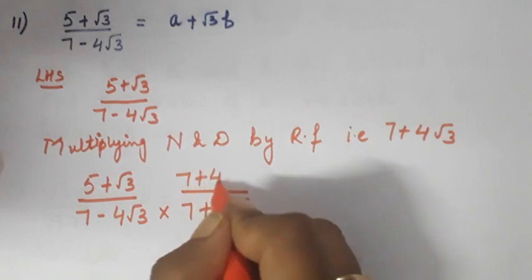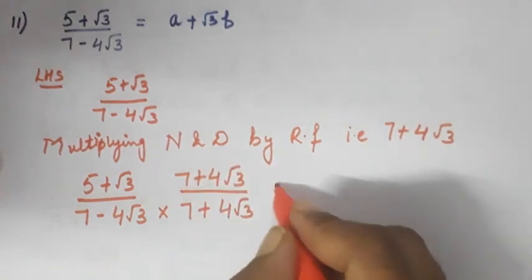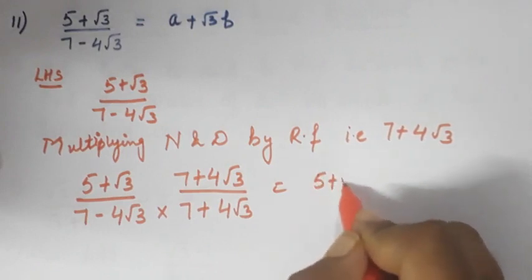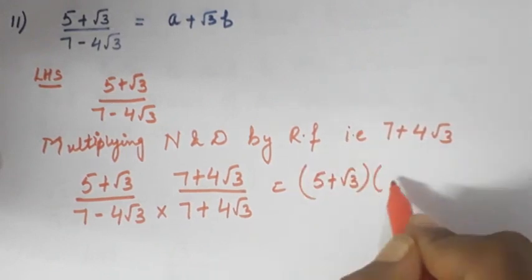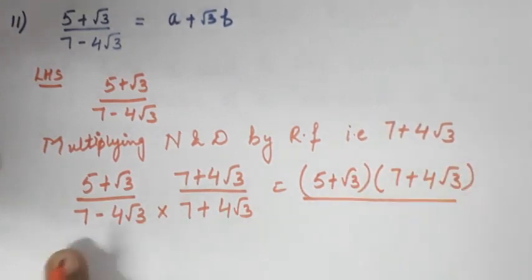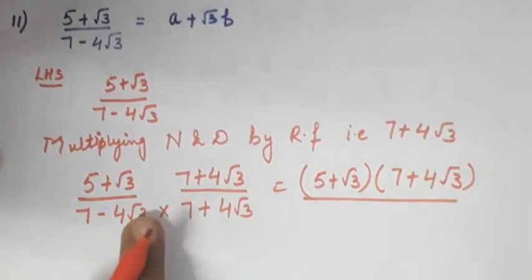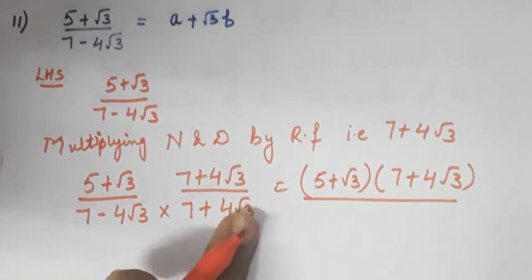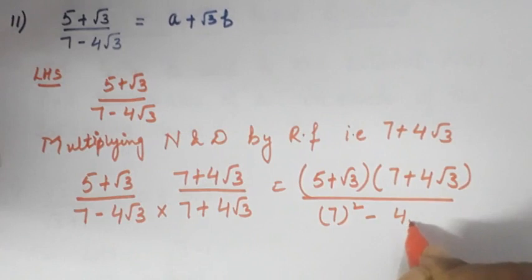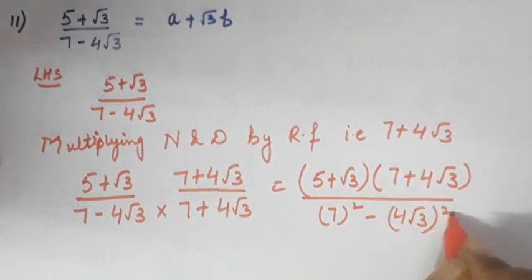We need to multiply because of the same terms with different signs. And here a minus b and a plus b, we know that it is a square minus b square, means 7 square minus 4 root 3 whole square.